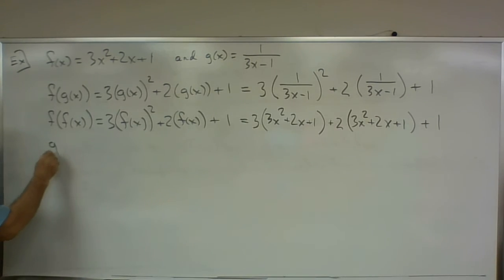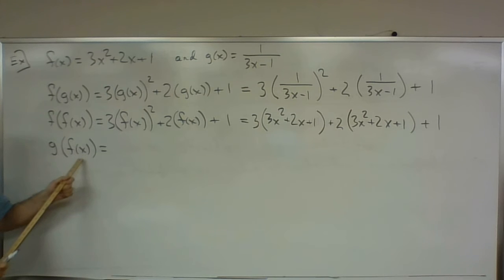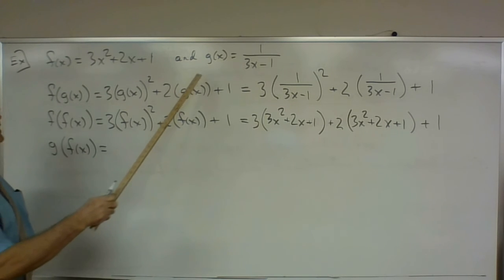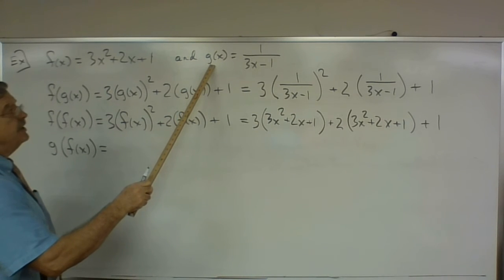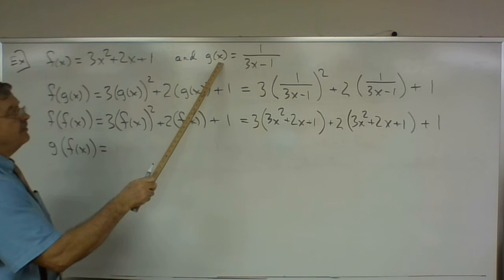Let's take g and evaluate it at f of x. And remember, we're going to use the outer function as our function of reference. This is g evaluated at f of x. The definition of g gives g evaluated at x.